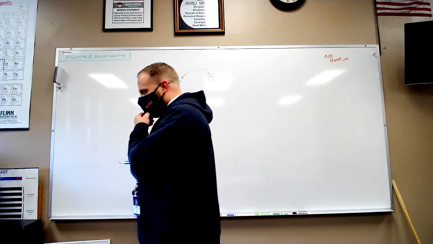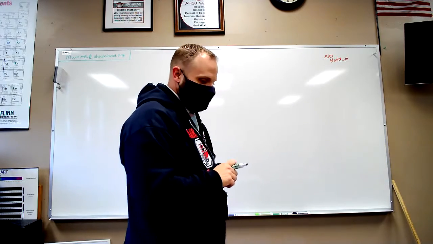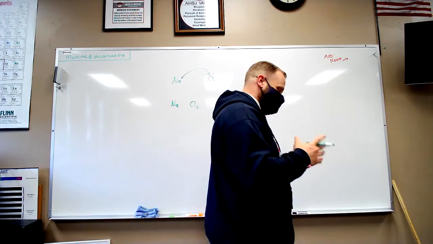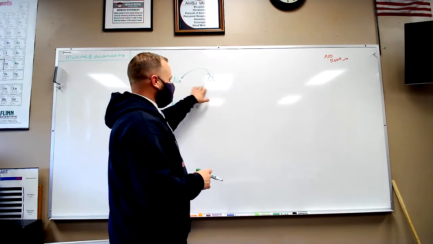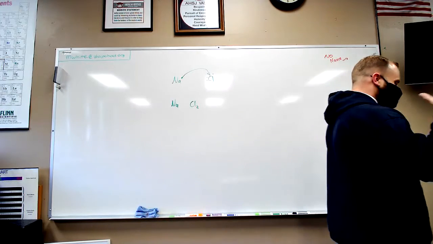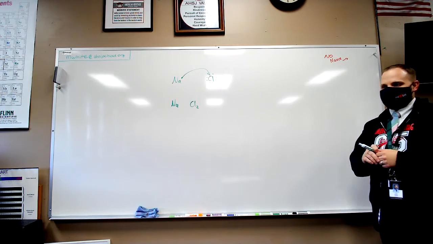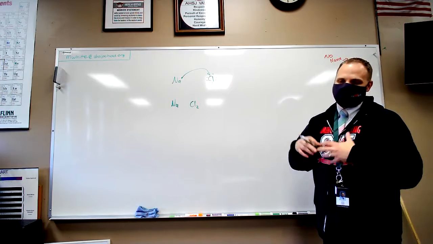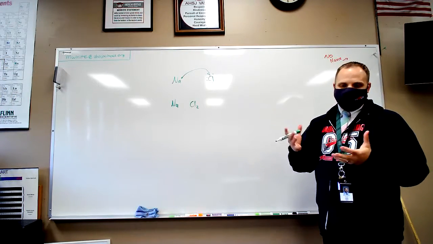Now, the next example that the book gives is actually very, very similar because we're going to be using sodium chloride again. But instead of pure sodium chloride that we heat up to melt, we're going to be doing the electrolysis of what's called brine. And brine is basically just salt water.